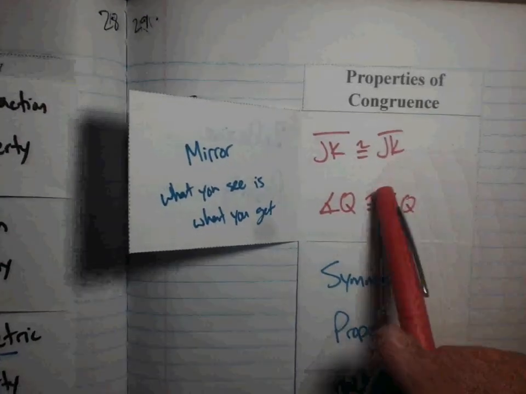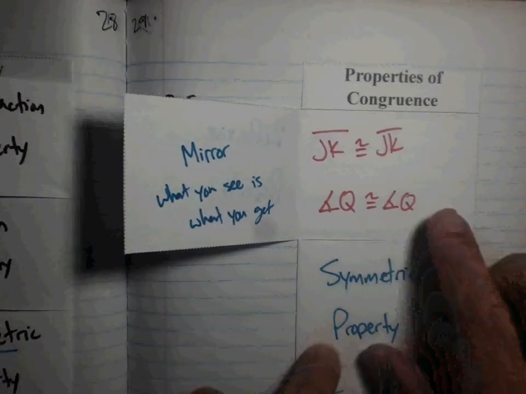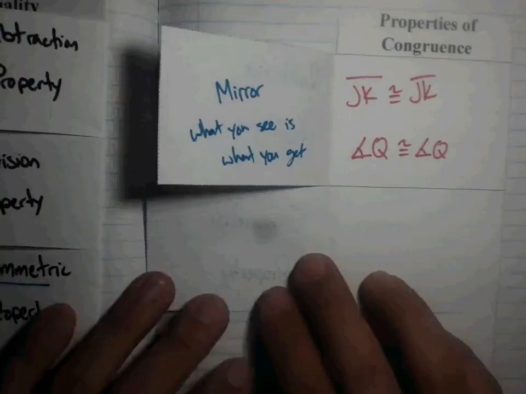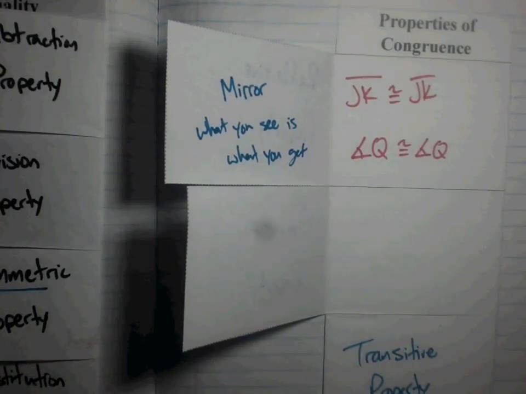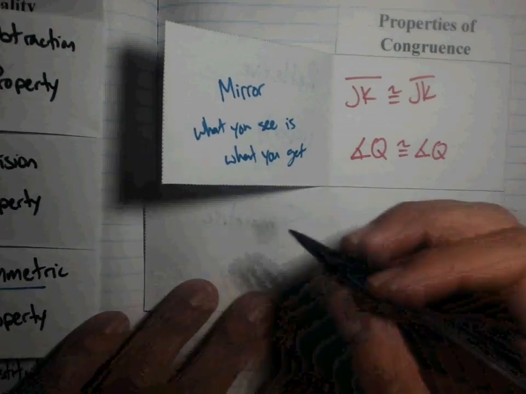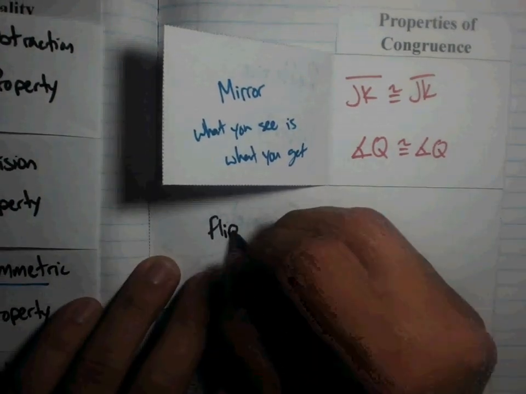The symmetric property. Again, it's flipped but the same thing. You can read it backwards or forwards. It's flipped but the same.